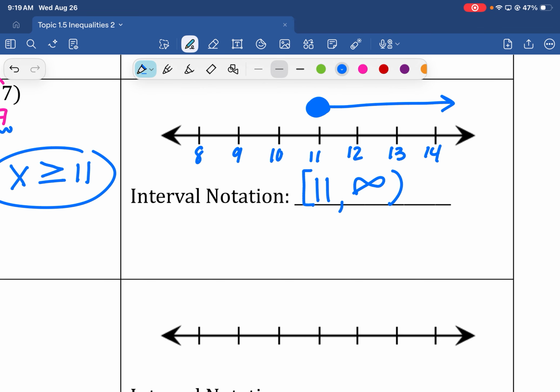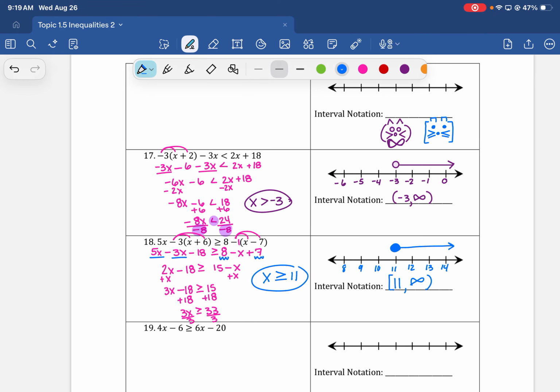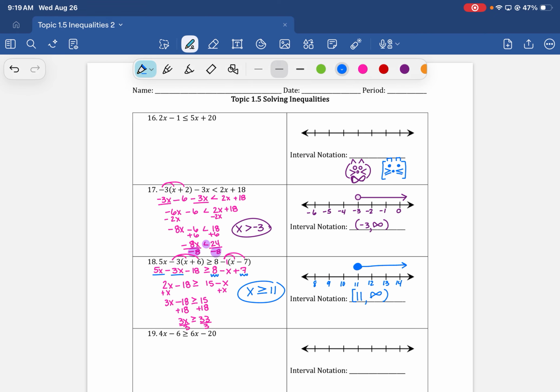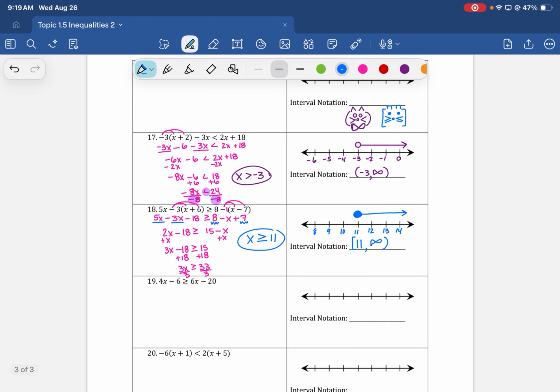It's always a closed circle when there's a line, no matter what.